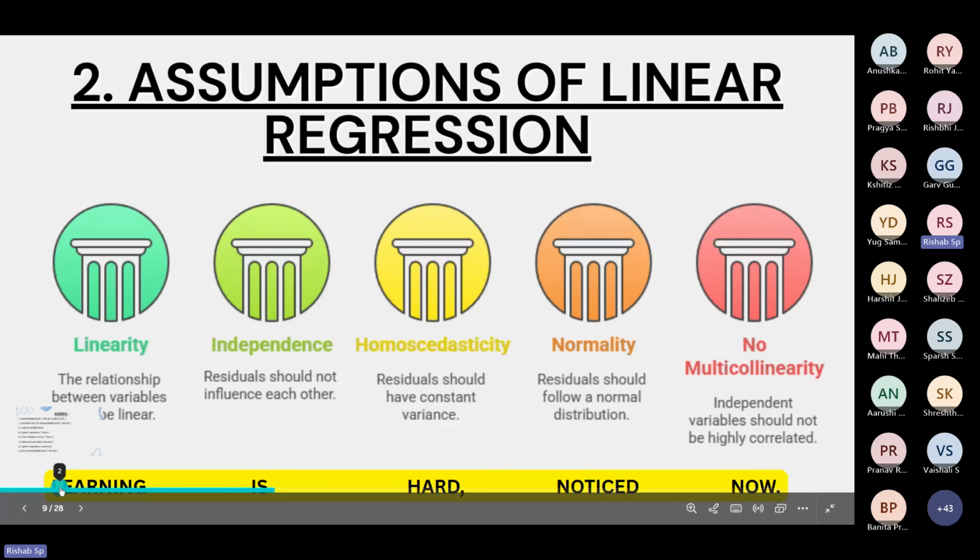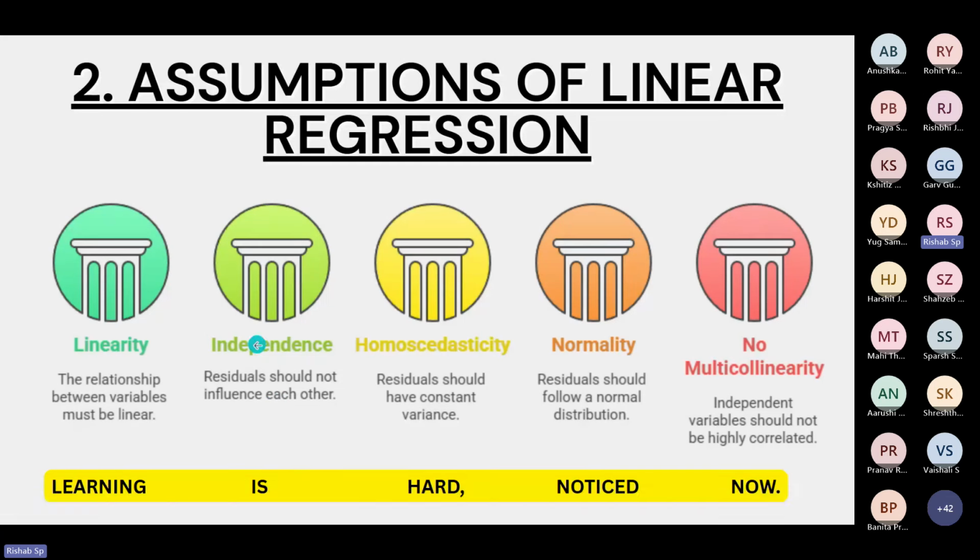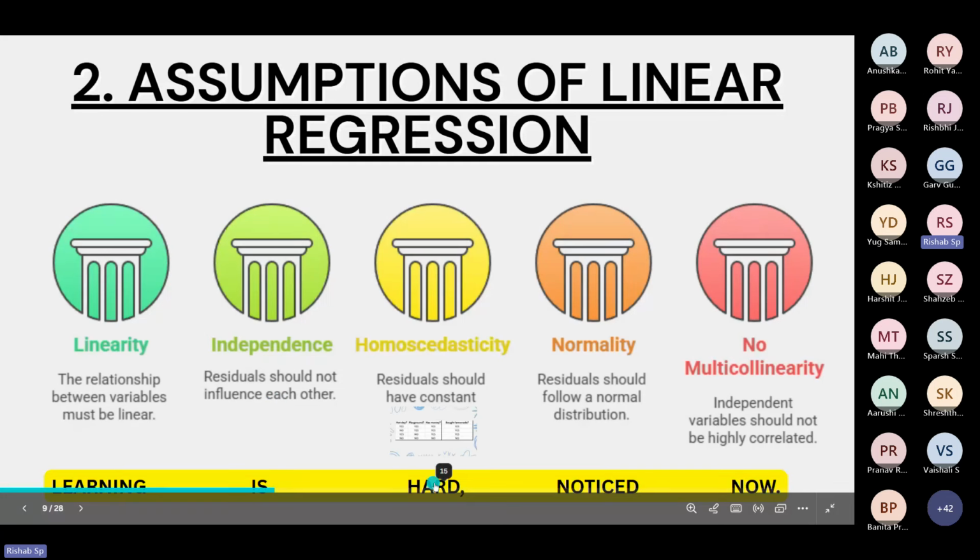What is L? Firstly, we are discussing variables. The first term is L, linearity. Variables should be linear. Second, I, independence. Residuals should be independent. Both are similar statements: residuals should not influence each other, or residuals should be independent. Third, hard, H, homoscedasticity.